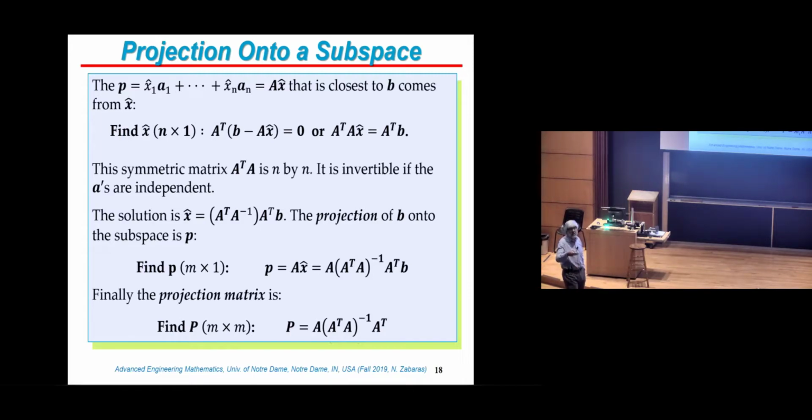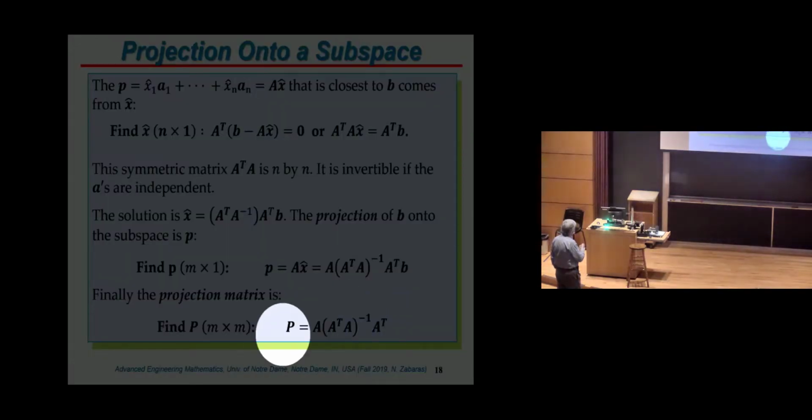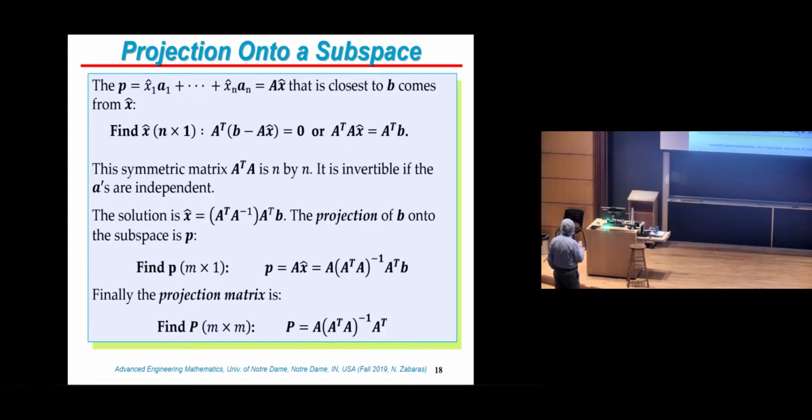If I give you Ax equal to b like in the homework, and b is not in the column space, there is no solution. But for the problem Ax equal to p, where p is the projection of b onto the column space, there is a solution. It's an approximate solution, but that's what we call the least squares solution. So the projection matrix capital P is A (A transpose A) inverse A transpose.